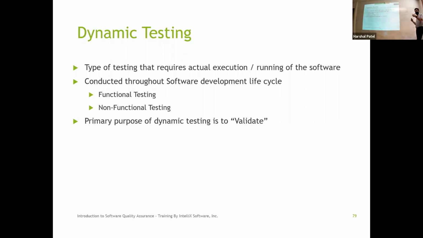That's dynamic because I have to actually execute a task to validate that. So you're going to see dynamic testing predominantly after the implementation phase, because I have to run a piece of software to do that. Typical examples are functional and non-functional testing.